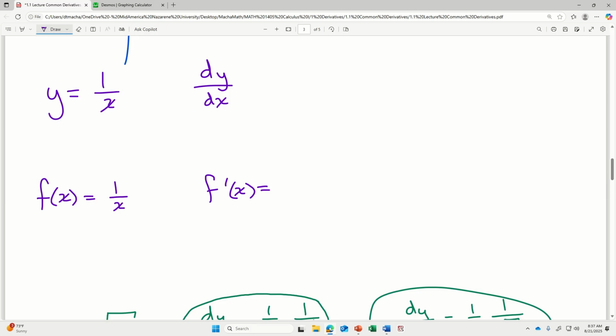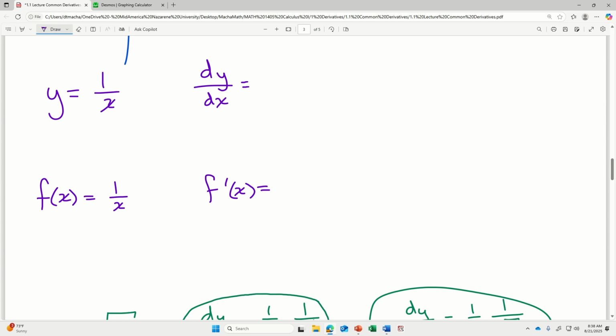Same question, right? Your hint again is to look over those properties of exponents really closely.